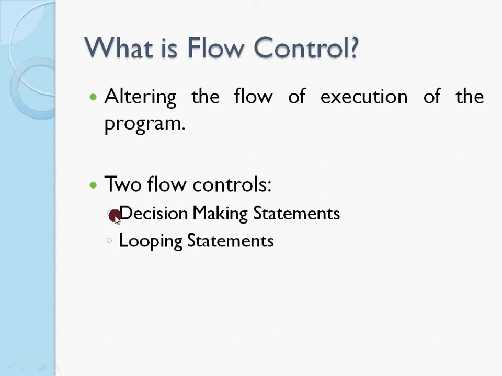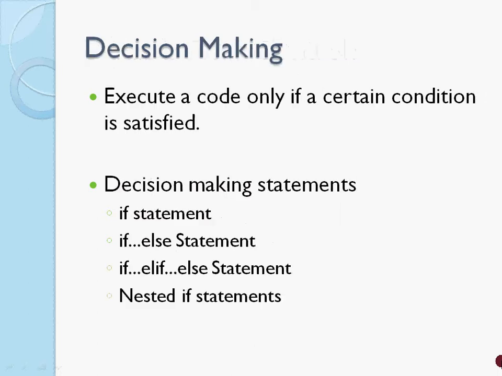This flow control can be achieved in two ways. One is the decision making statements and the other is the looping statements. Let us see about these one by one. In decision making, we just evaluate a condition. If the condition is satisfied, some part of the code is executed.